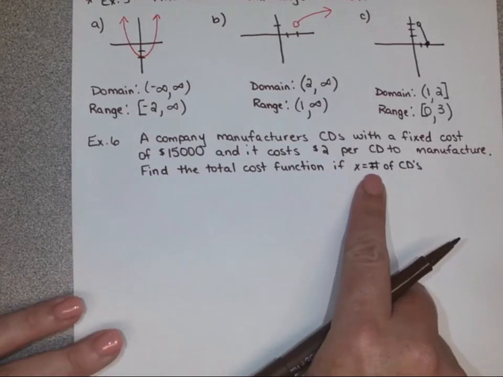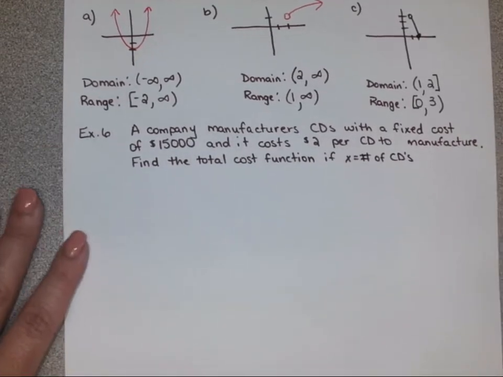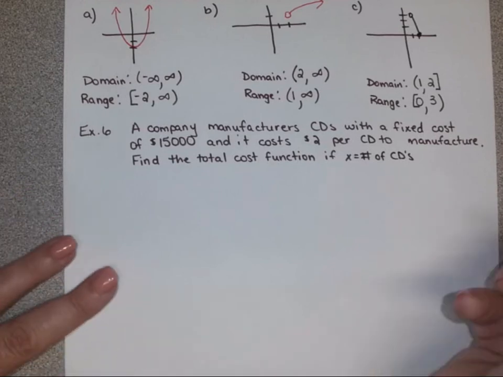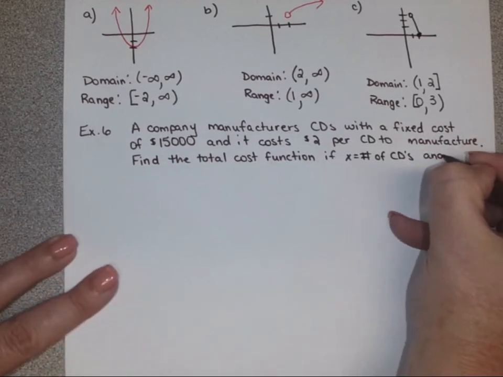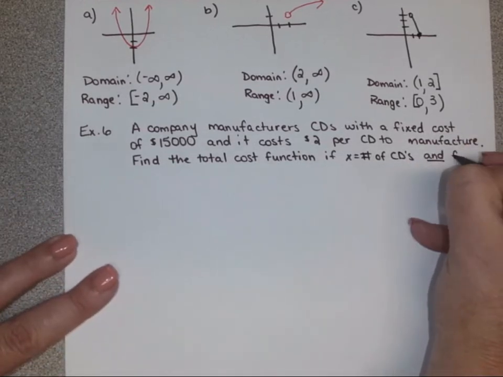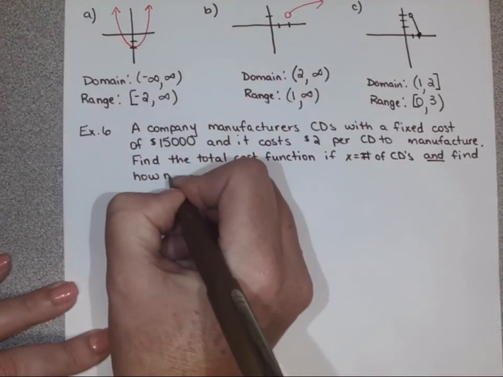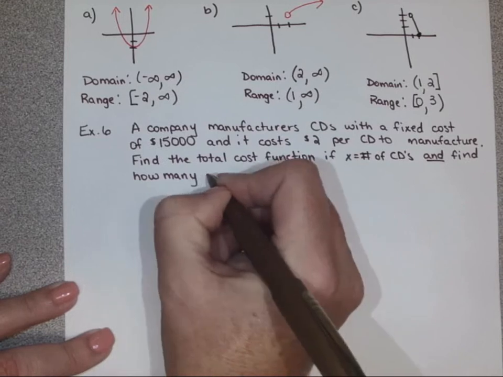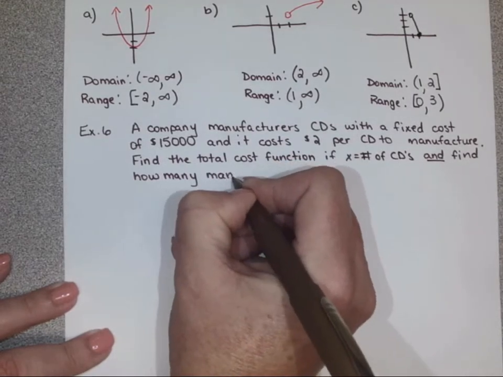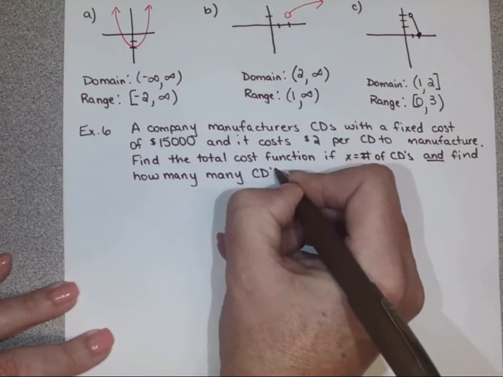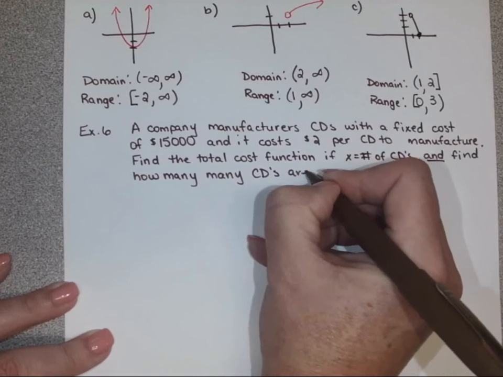This symbol means number in math. It's not just a hashtag. It also means the word number. And I also want you to find out how many CDs are produced if we're spending $15,500.